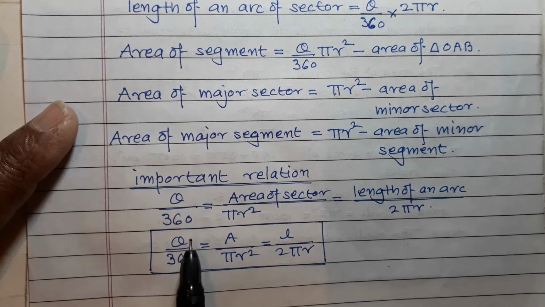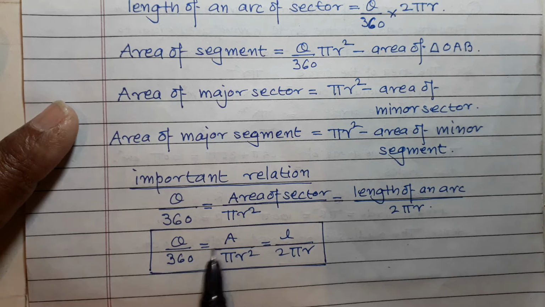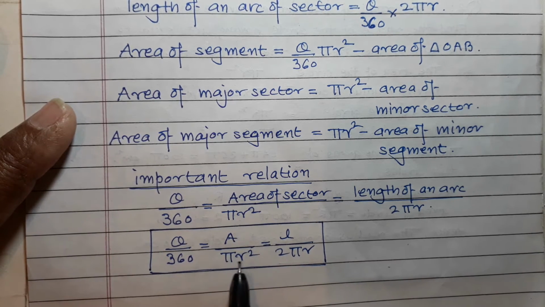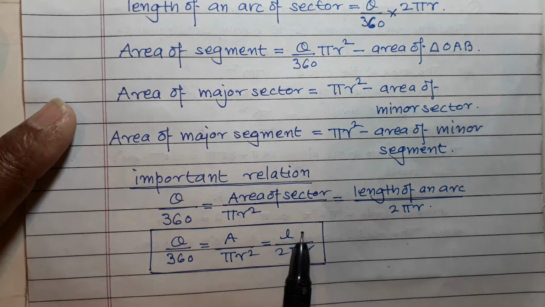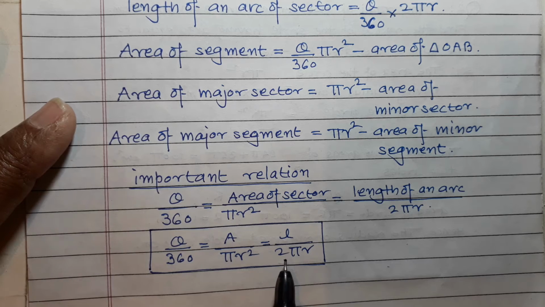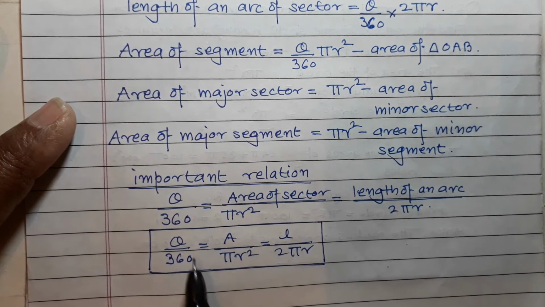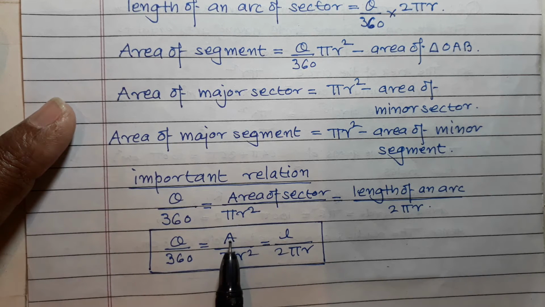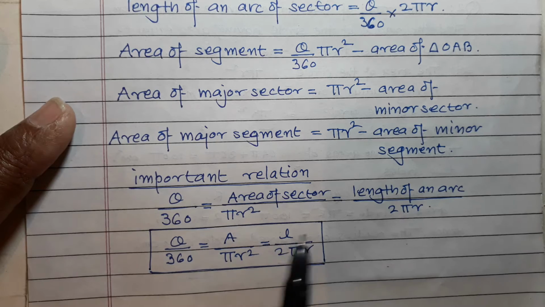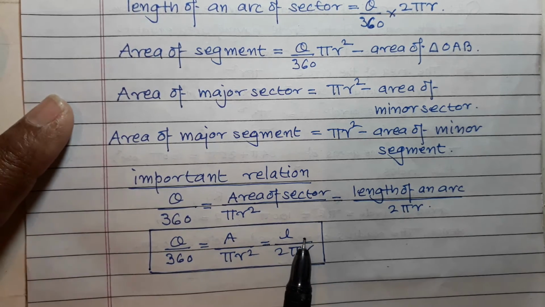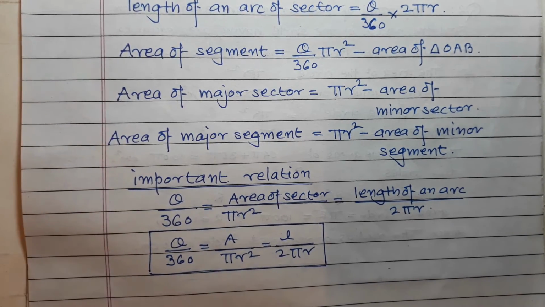So theta upon 360 is equal to A upon pi r square is equal to L upon 2 pi r. This relation gives you area of sector, length of an arc of sector, everything. Remember this.